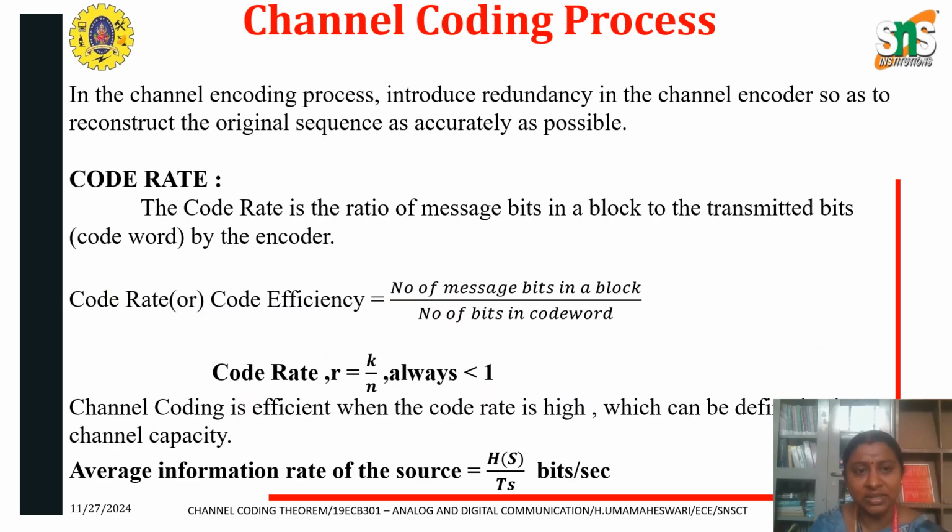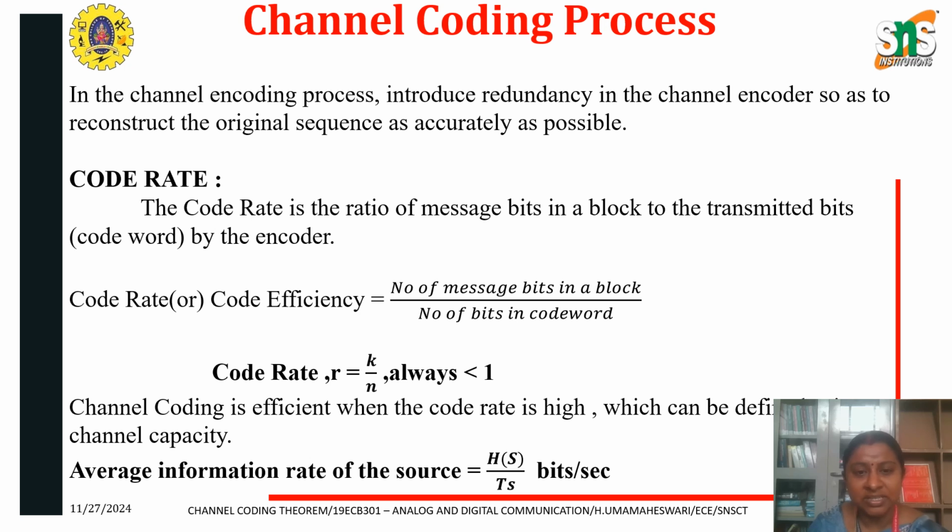The process introduces redundancy in the channel encoder so as to reconstruct the original sequence as accurately as possible. Then code rate. Code rate is the ratio of message bits in a block to the transmitted bits by the encoder.